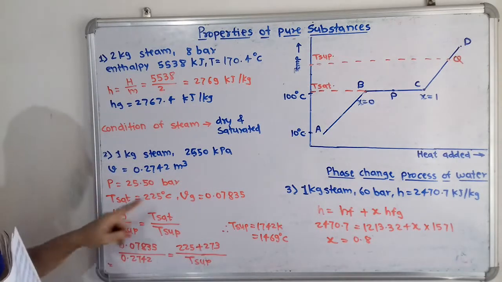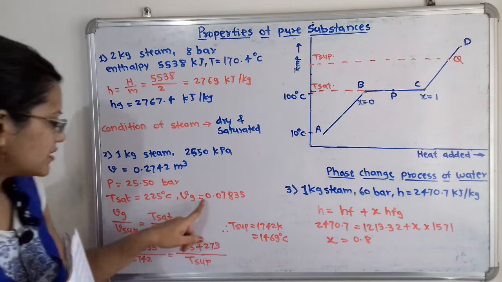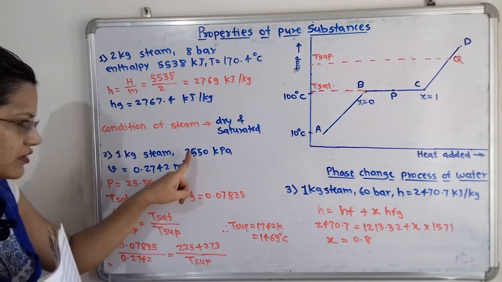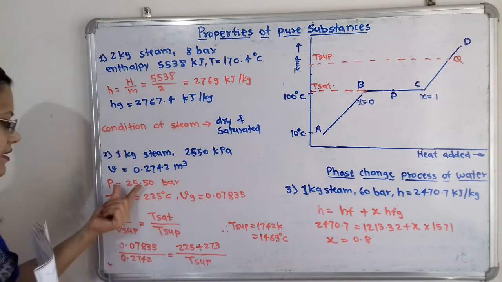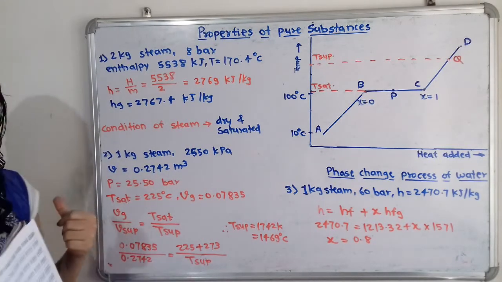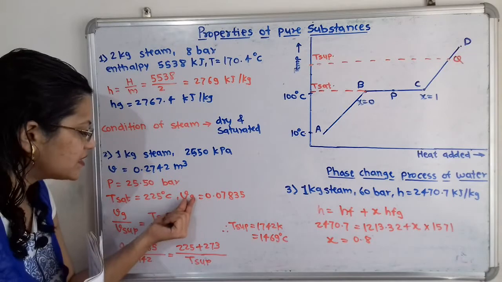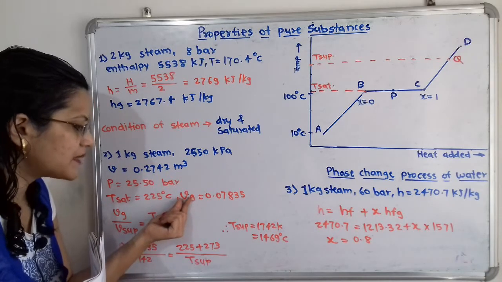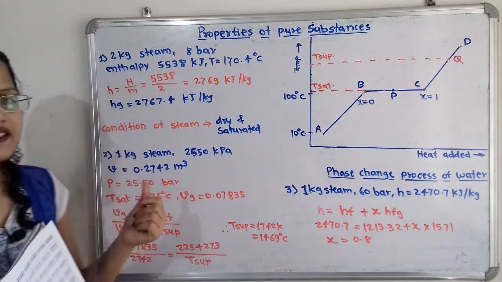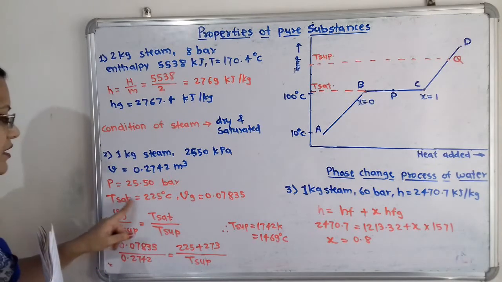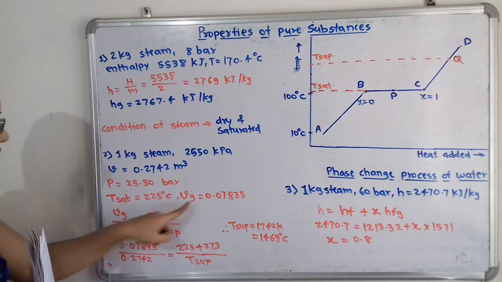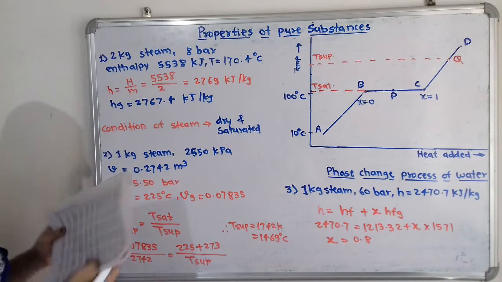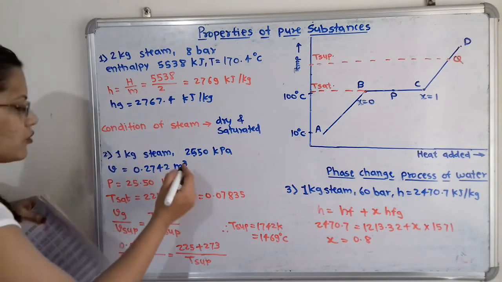So this is the value of Vg that we have to take. Now if we observe, at the given pressure 25.50 bar, this temperature is known as the saturation temperature, and this specific volume is for dry and saturated vapor. Now we have to compare the given volume.